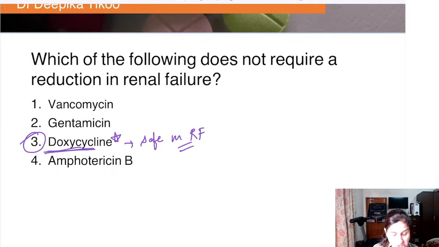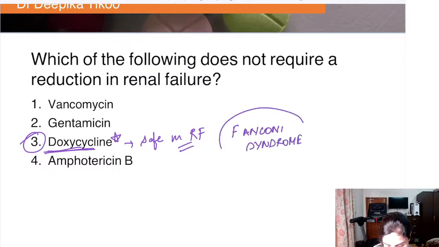Especially the expired tetracyclines cause a condition called Fanconi syndrome. This is with the expired tetracyclines.